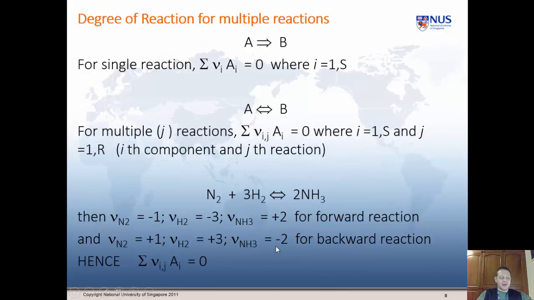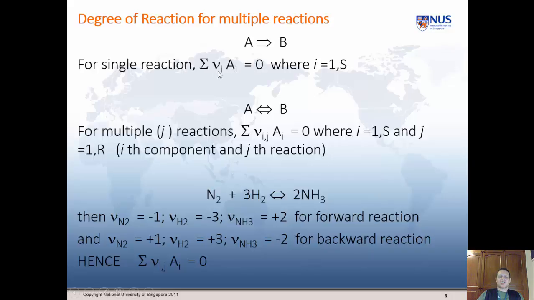Right, now we'll think about this concept in terms of single and multiple reactions. So for a single reaction, the sum of the reaction coefficients for each of the species, so if i is equal to A in this case, will equal 0.